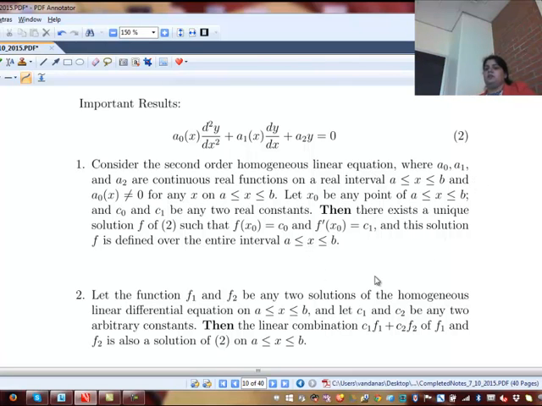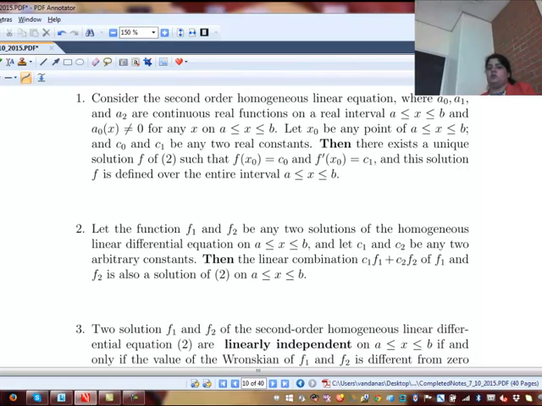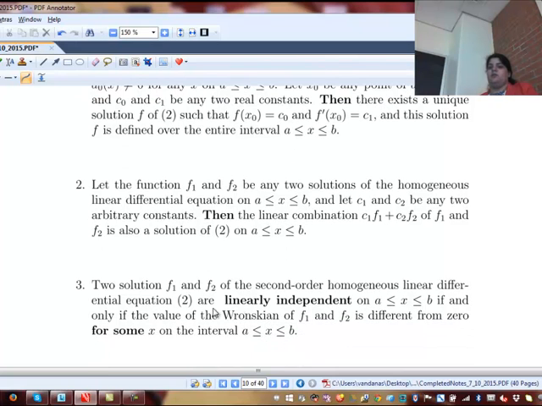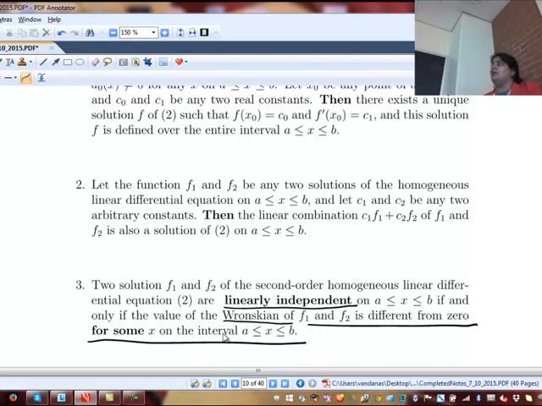If the Wronskian is non-zero for some value of x in the interval you are looking for a solution, then the functions are linearly independent. So if you compute the Wronskian of f1 and f2, and it turns out to be non-zero, the functions are linearly independent. Okay, so that's a test.